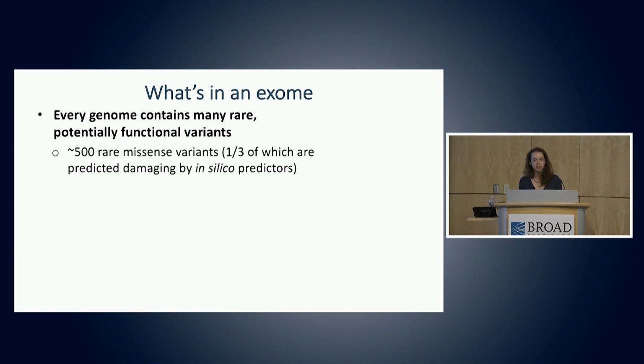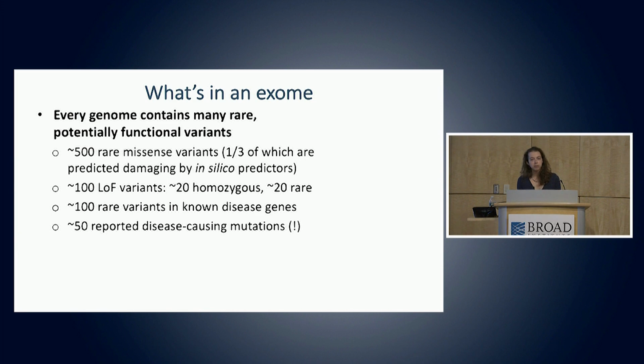We all have about 500 rare missense variants, and when we use these in silico predictors that I showed you before with the red and green dots, about a third of these are predicted to be damaging by in silico predictors, so we obviously don't want to consider those too heavily in the weighting. We all have about 100 loss of function variants, actually about 20 of which are homozygous, but that does count things like olfactory receptors, and we all have about 20 rare loss of function variants.